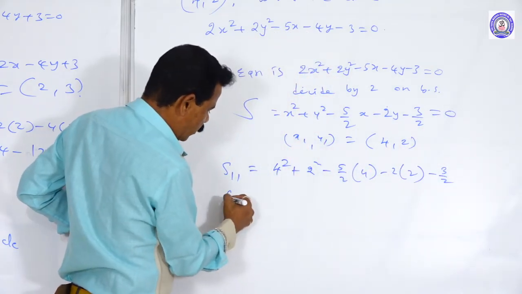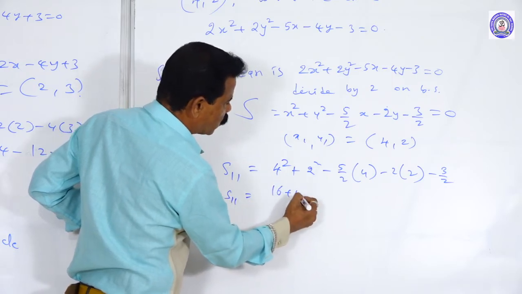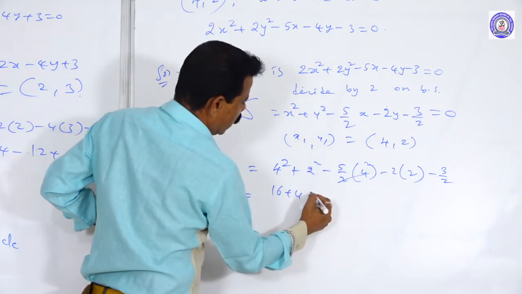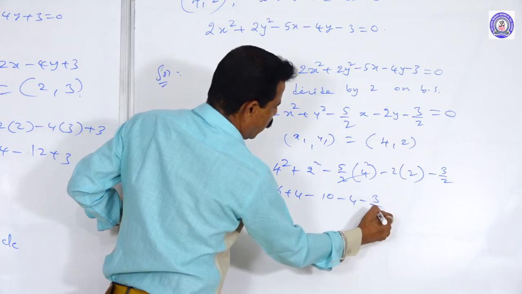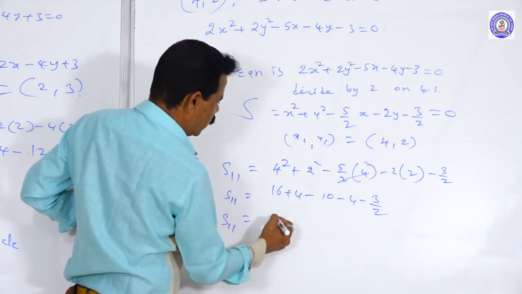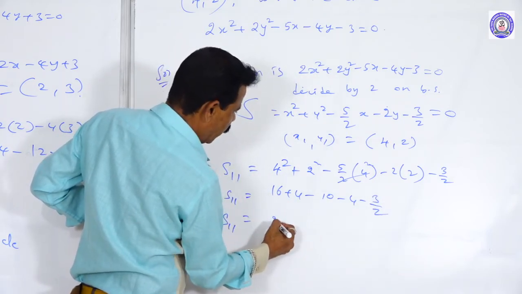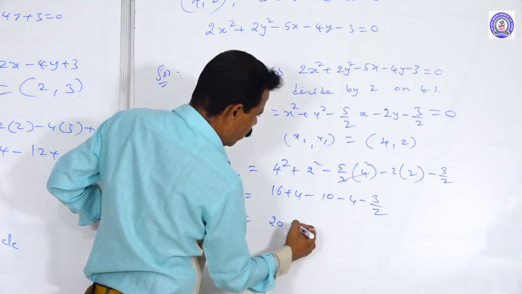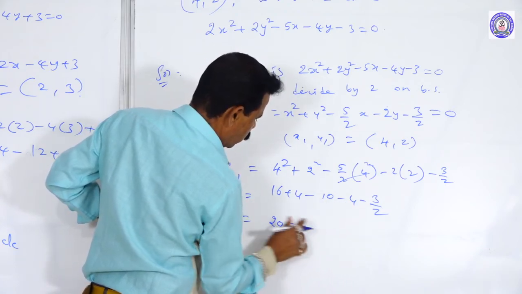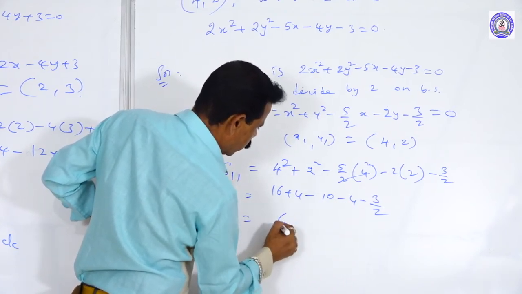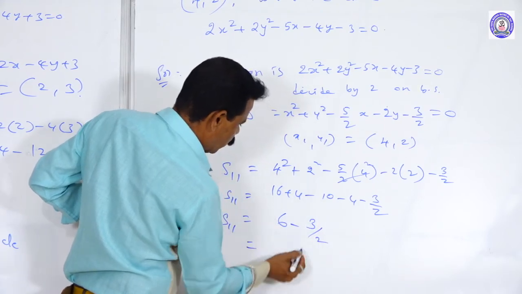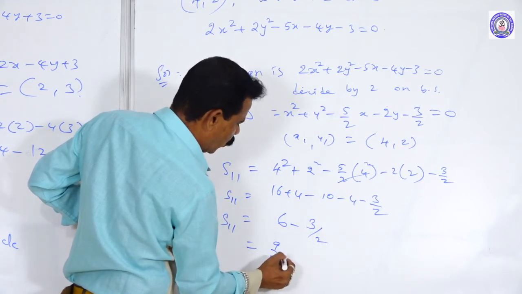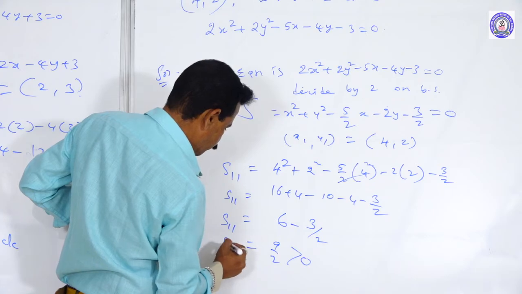Here S11 is equal to 16 plus 4 minus 10 minus 4 minus 3 by 2. This is 20 minus 14, so 6 total minus 3 by 2, which is 12 minus 3, 9 by 2. It is positive.